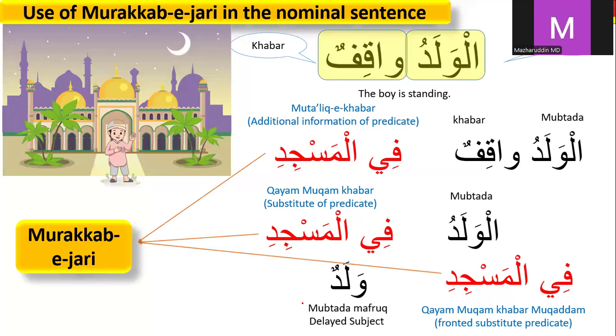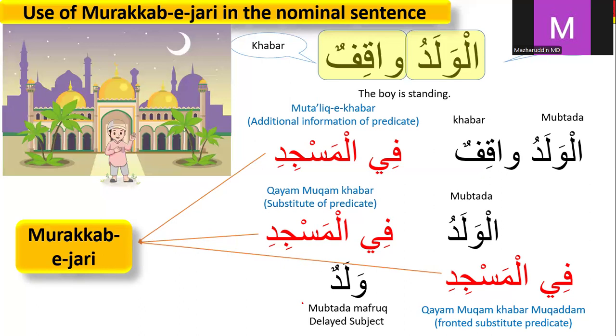So here I need to conclude that murakkabe jari cannot be mubtada or khabar. Neither can it become mubtada, nor can it become khabar. So they can be mutalike khabar. The different prepositional phrases you can take.